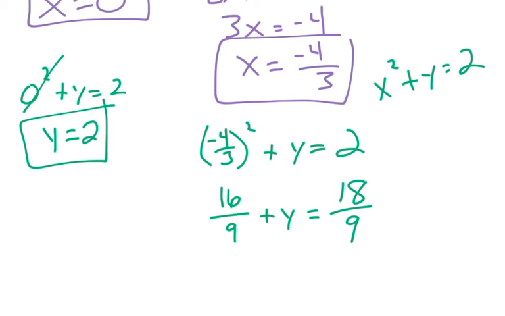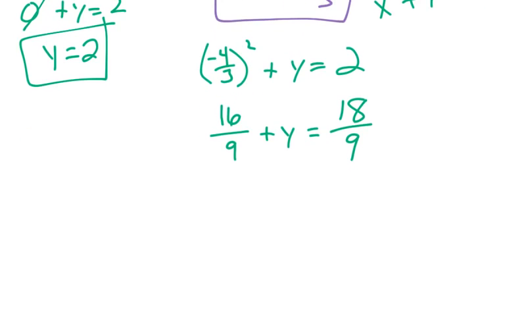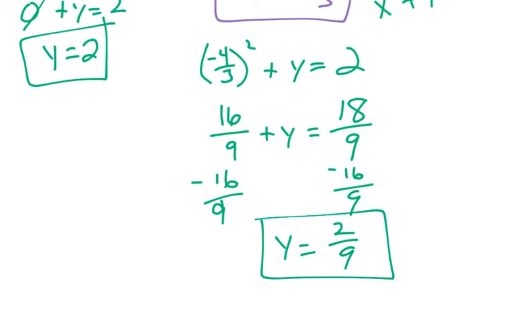That would be 18/9. 18 over 9 is 2. I haven't changed the value, just its appearance. Then it's a single step equation from there. Just subtract 16 over 9 from both sides. 18 over 9 minus 16 over 9 is 2 over 9. That would be our second y value.